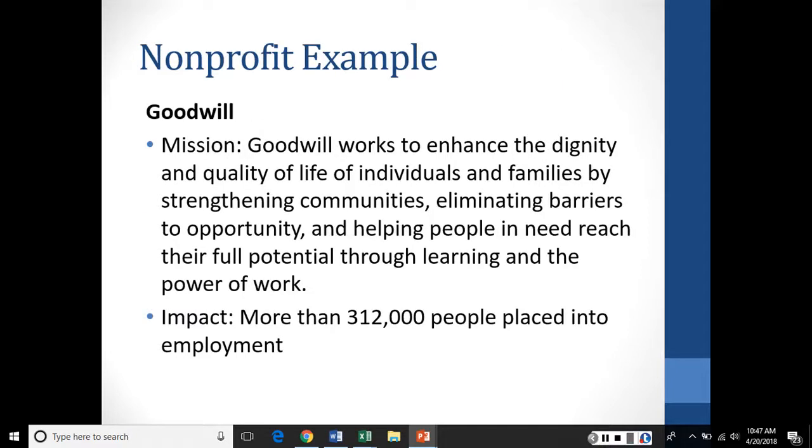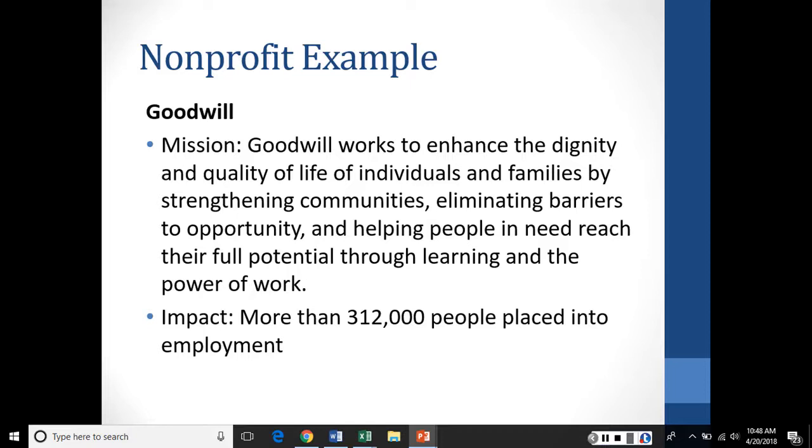So let's think about some very specific nonprofits. Read the mission statement and see, does the mission statement have a very quantifiable impact? This is Goodwill, a national organization. Goodwill works to enhance the dignity and quality of life of individuals, helping people to reach their full potential through learning and the power of work.